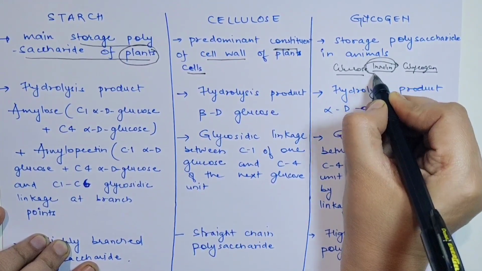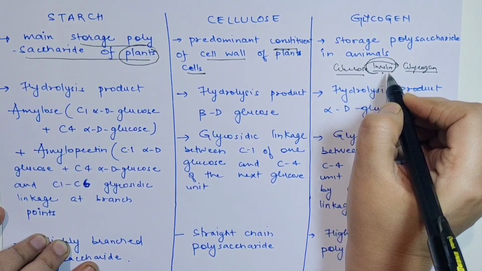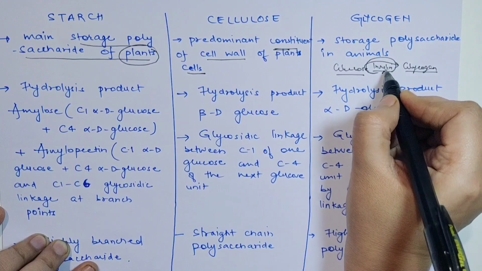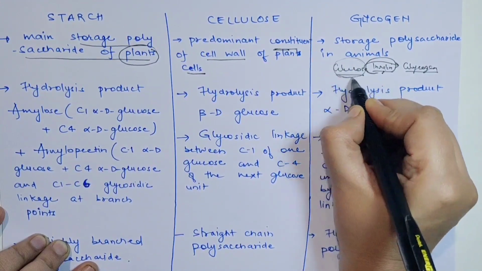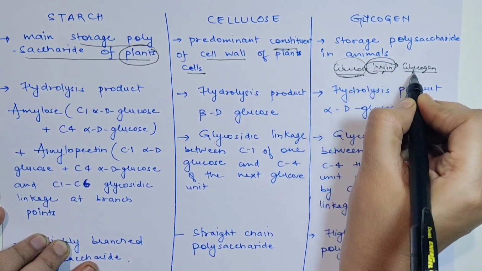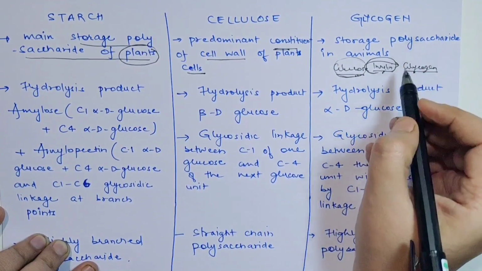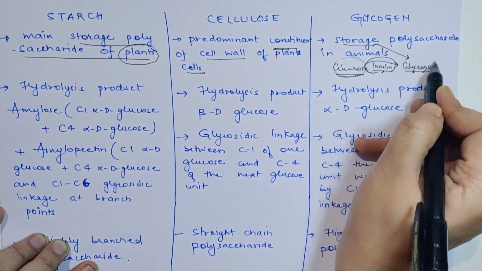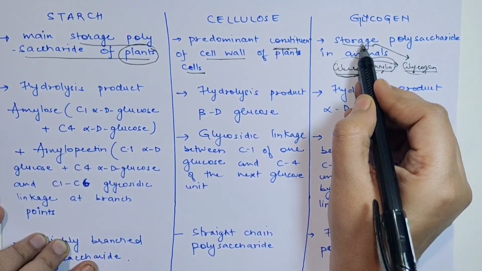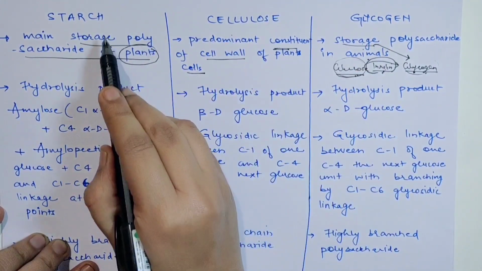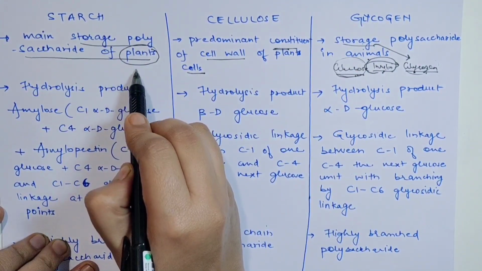That is why people who are diabetic basically have a shortage of insulin or defective insulin, which is why the glucose, the blood sugar level in their body, shoots up, because it's not being converted into glycogen. So glycogen is the storage form because glucose is stored in the form of glycogen, right? So it's the storage polysaccharide in animals. Starch, on the other hand, is the storage polysaccharide of plants.